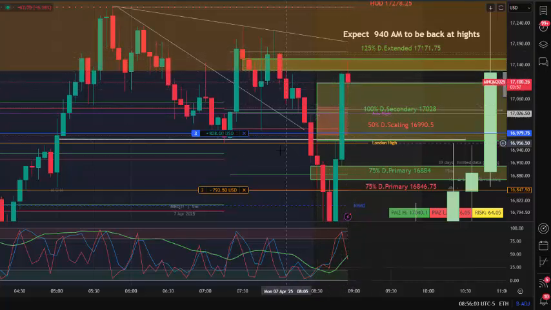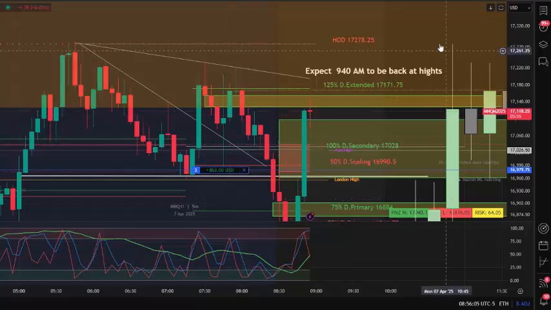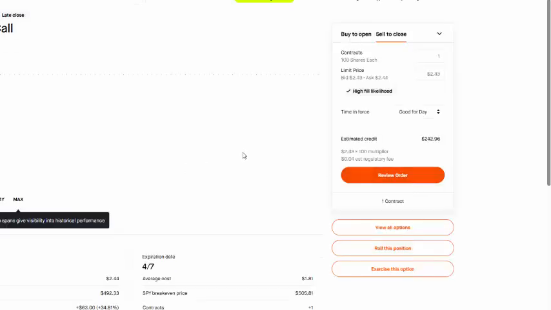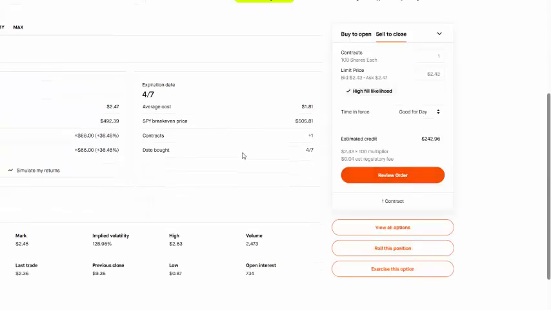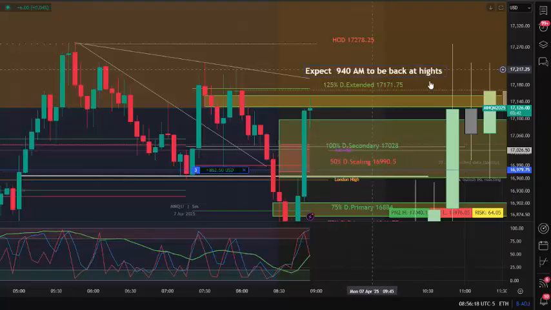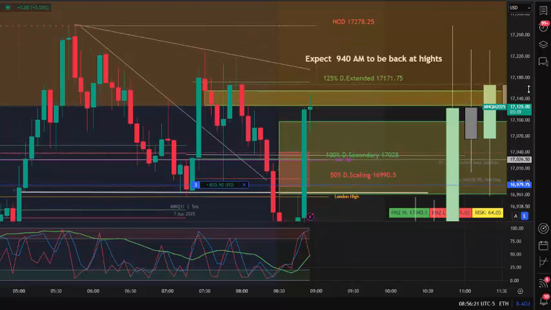We want this big gap to stay open. So as long as it stays open, we're going. And I was just checking out the SPY prices here real quick, just to correlate everything.